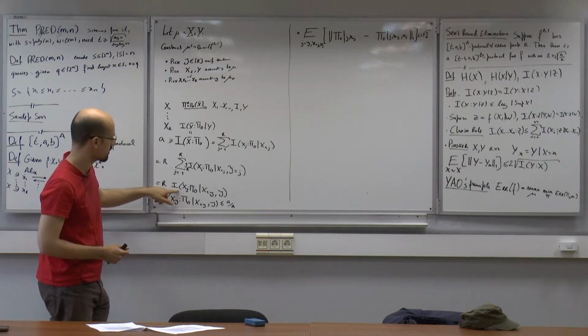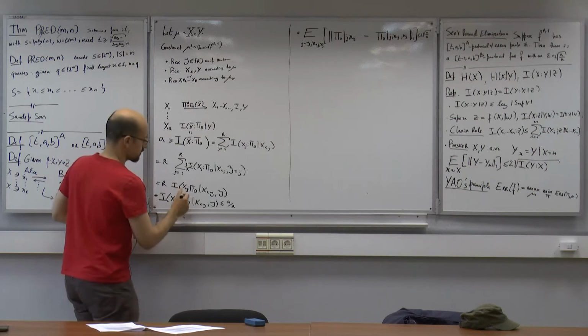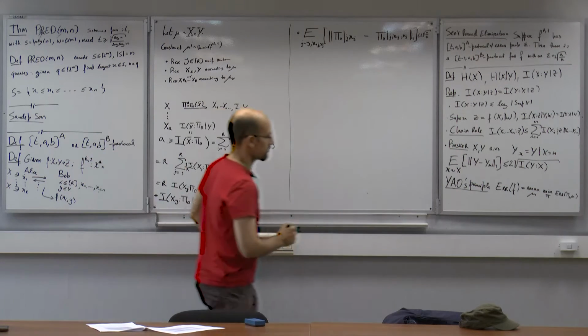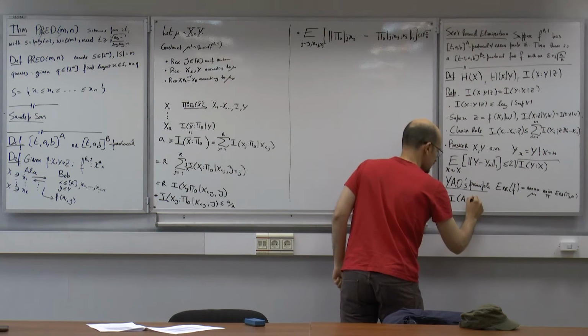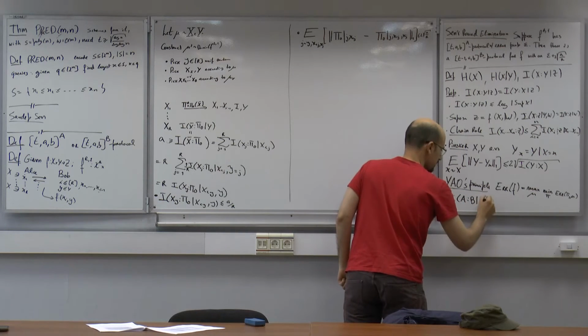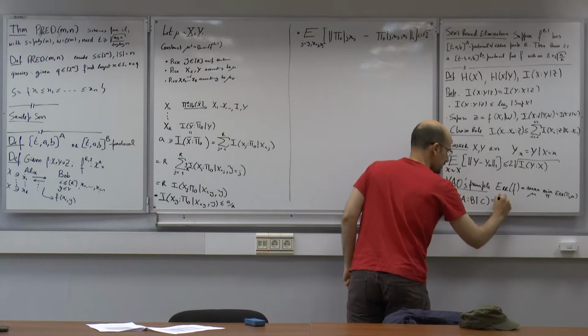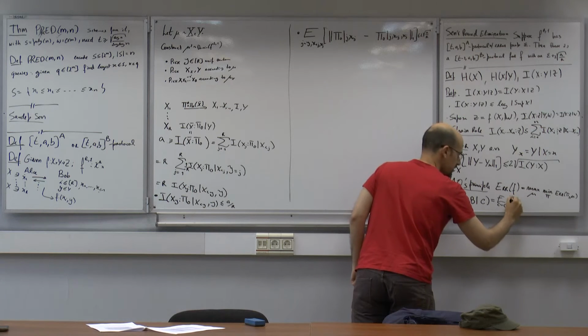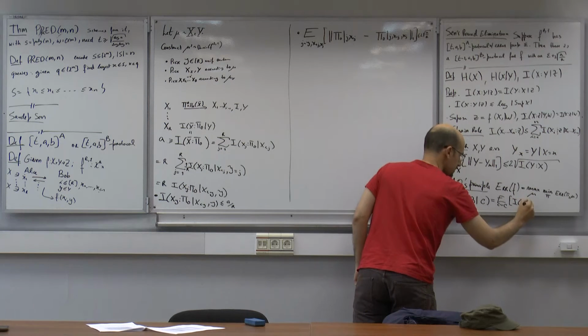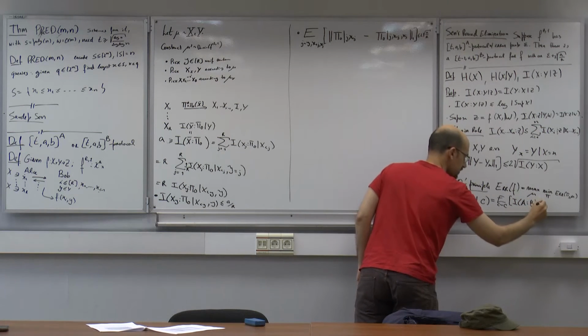So the information between A and B given C is the average over C, when little c is picked according to big C, of the information between the same distributions conditioned on big C being little c.